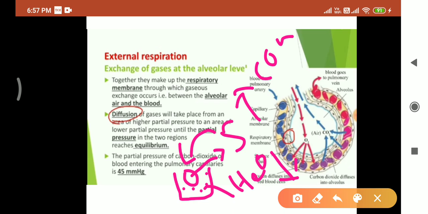When we are talking about diffusion, what is required? Particular molecules or special types of molecules, gases, moving in and out through a permeable membrane.